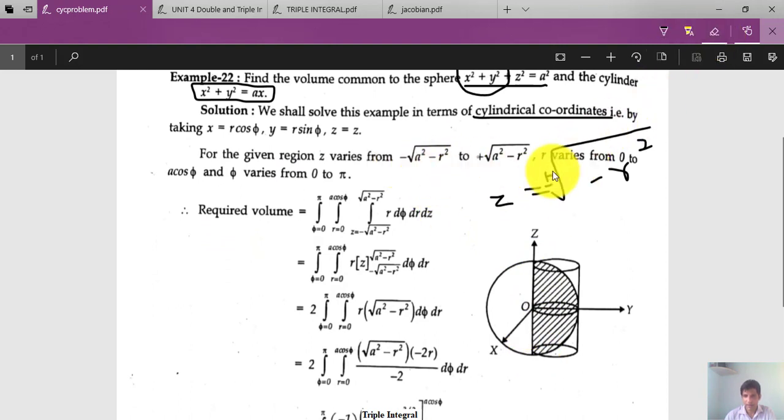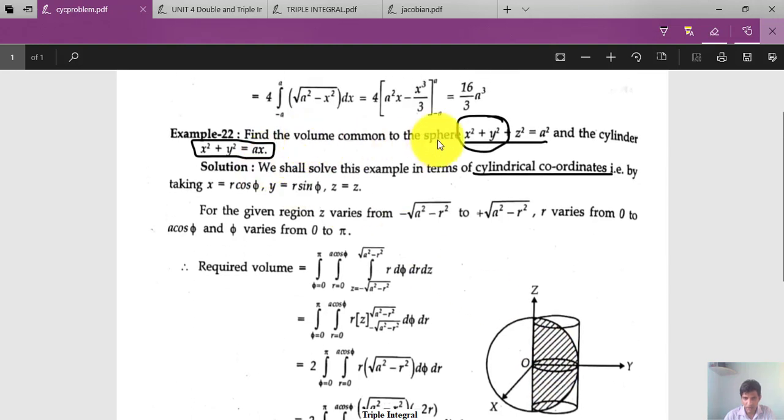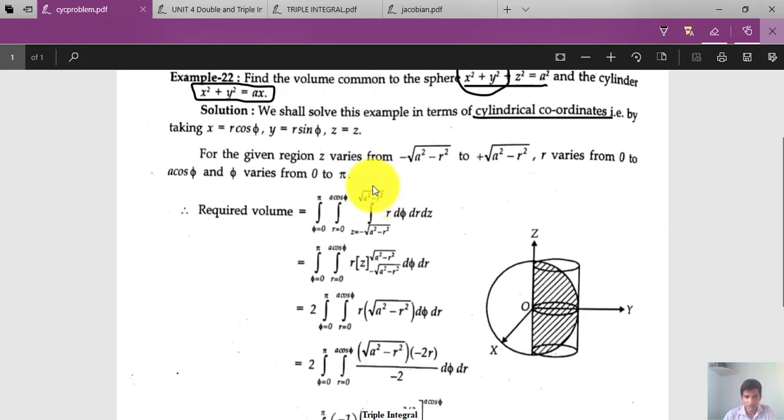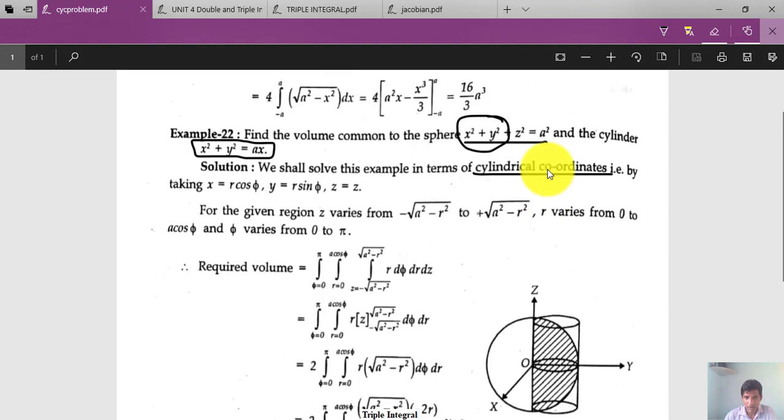Now this is the common shaded region that is included between the sphere and the cylinder. Now r varies from, so what is the value of r? The r value varies from 0 to a cos phi.